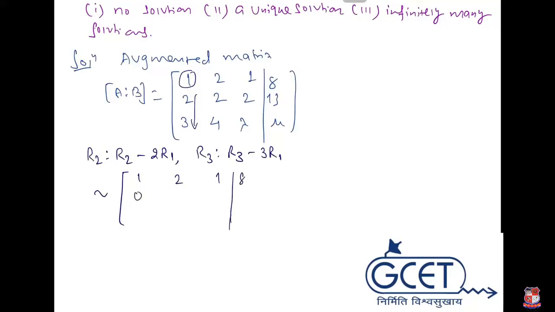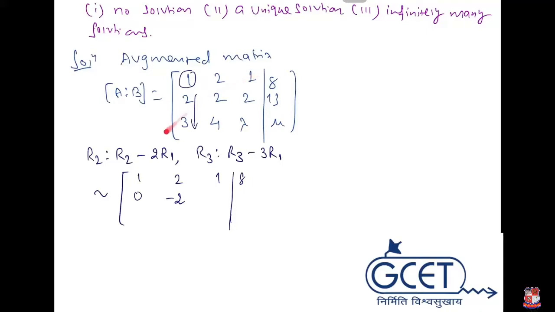Then now this is 0, so we multiply with minus 2 here and add here. Okay, so minus 2 plus 2, 0. Then this is minus 4 plus 2, so this is minus 2.